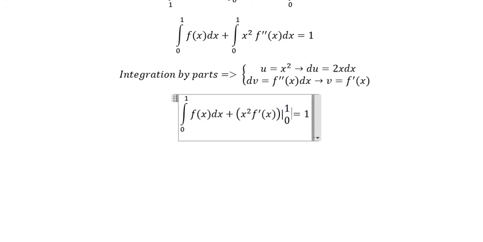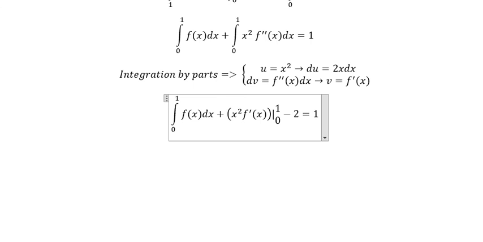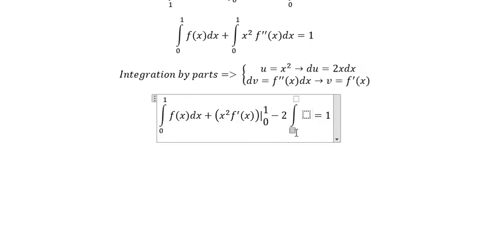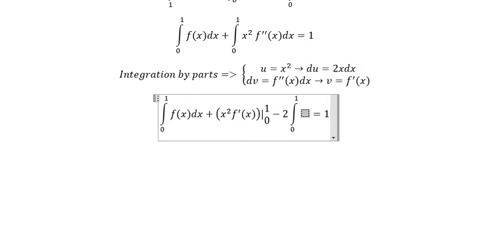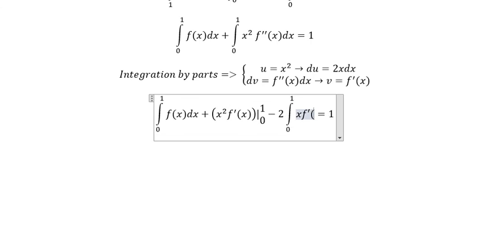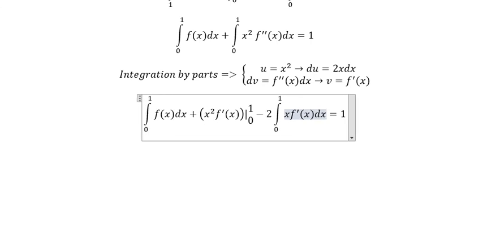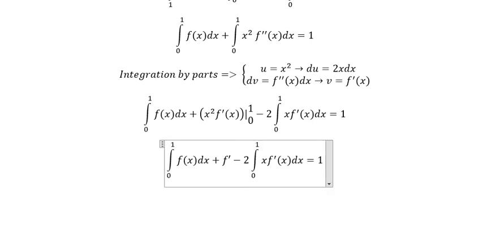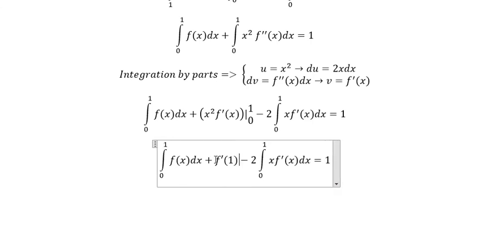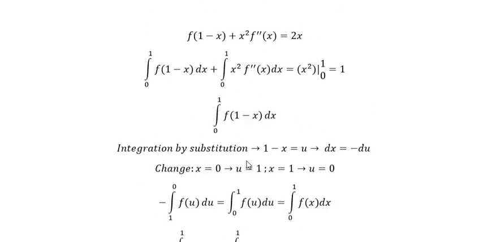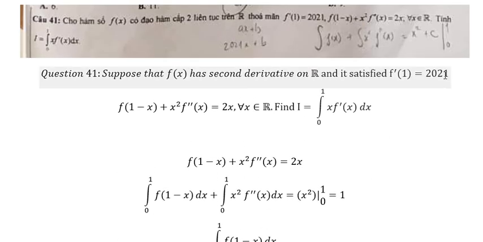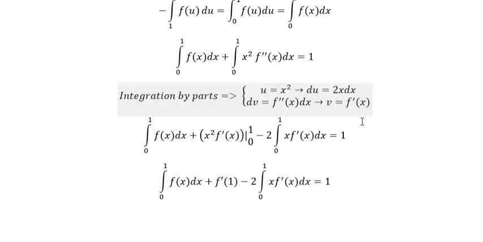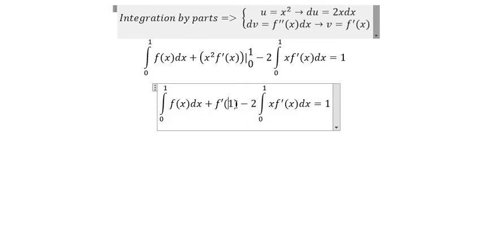Later we have the negative 2 multiplied with the integral from 0 to 1 of s multiplied with first derivative of the function f of s ds. So we put the number 1 and number 0 in, so we have only first derivative of the function f at number 1. So going back here, we have this one, so we put 2021 in here.